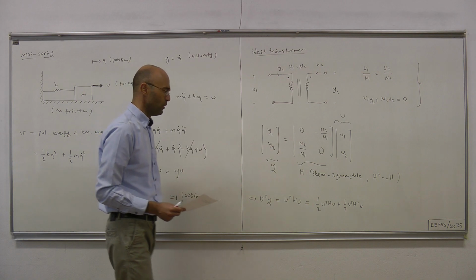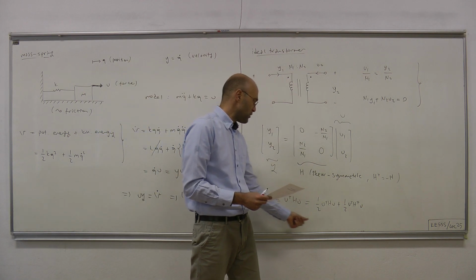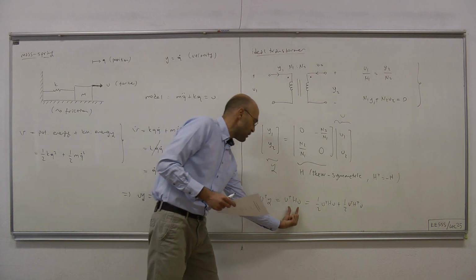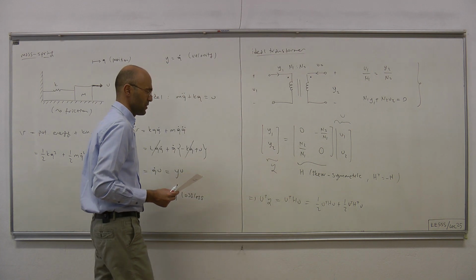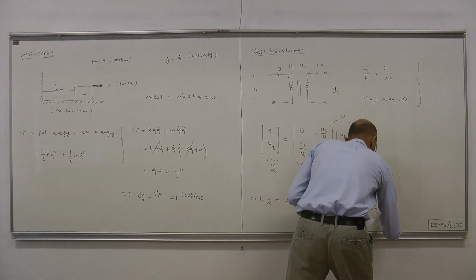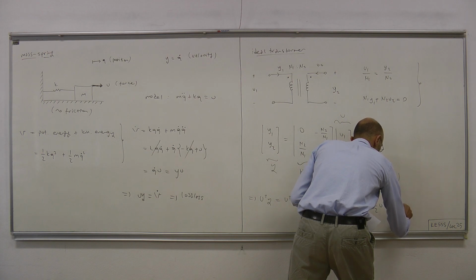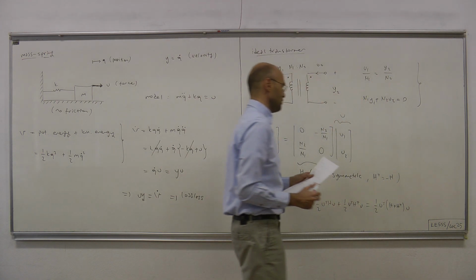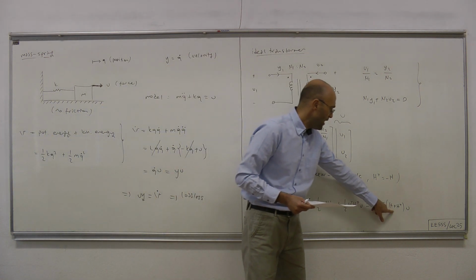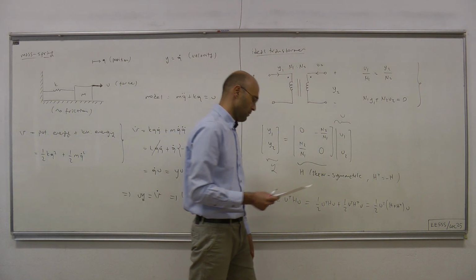Since they're equal, we take 1/2 from this expression and 1/2 from the transpose expression, and the sum must equal the original expression. And this we can write as 1/2 times U transpose (H plus H transpose) U. Since H is skew-symmetric, H plus H transpose is 0.